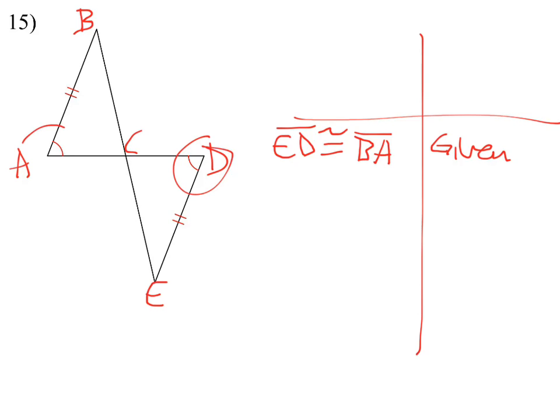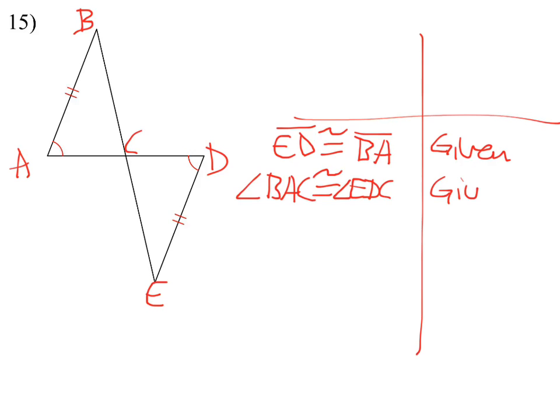And then I know these two angles are congruent. So that's angle BAC congruent to angle EDC. That's a given. It's on the picture already.